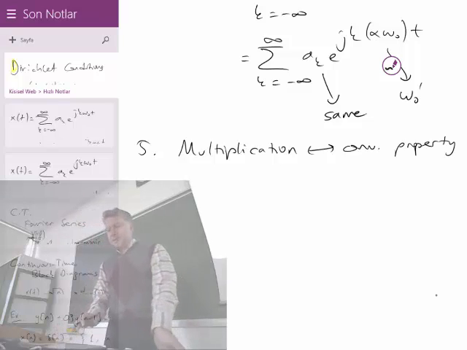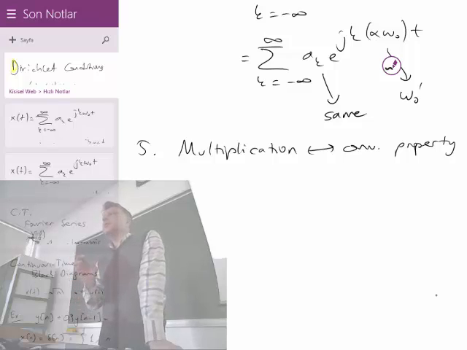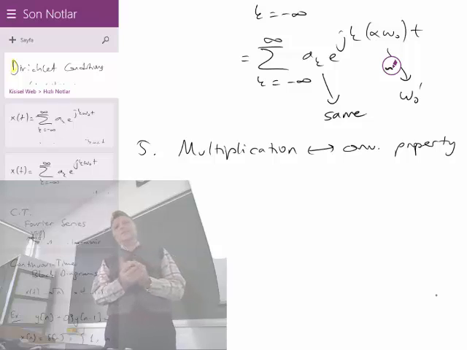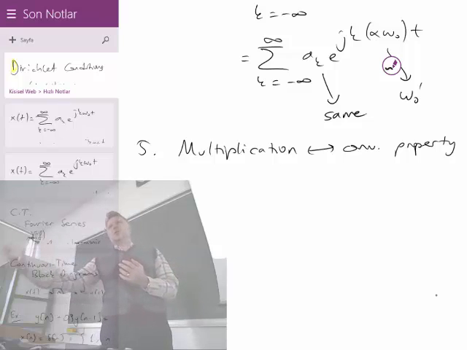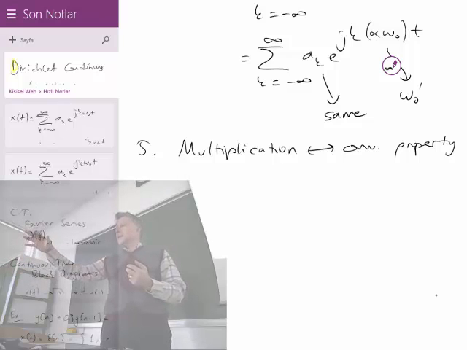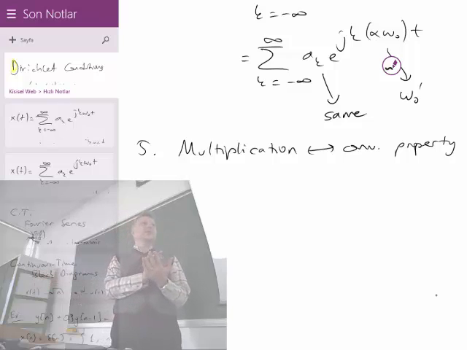What do we mean by that? Well, this is a general rule of thumb. If you multiply two signals, then the Fourier transform associations will be convolved. And if you multiply the Fourier transforms, that would correspond to the convolution in time domain.